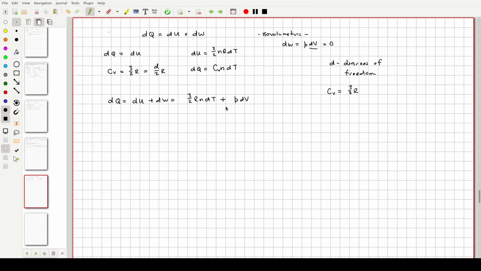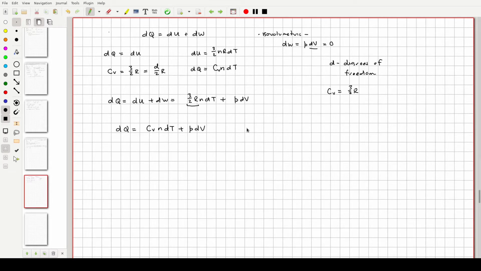And you note the fact that 3/2 R is just the molar specific heat for a gas at constant volume. So now your dQ looks like this. And then you say, okay, so my pressure is constant.